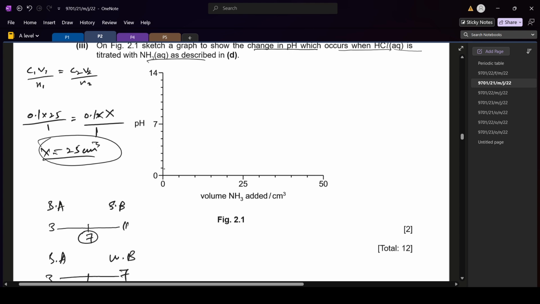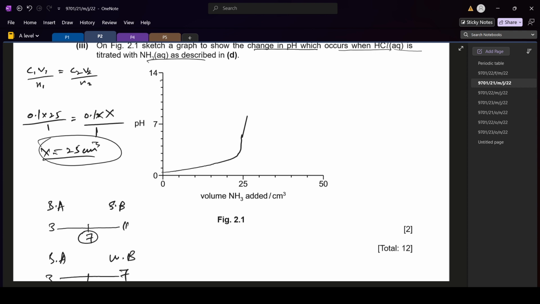This is a strong acid, so we will draw from like this. Sorry, we will draw like this, and then you also have to make sure that your pH should not increase beyond 12.